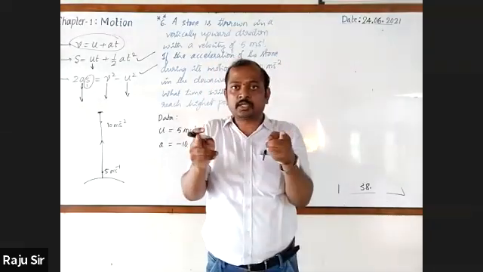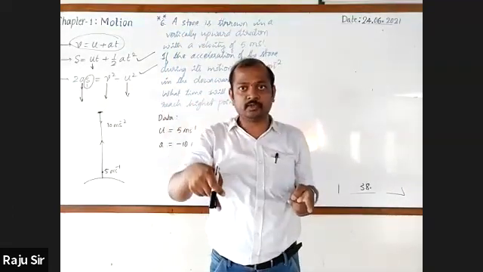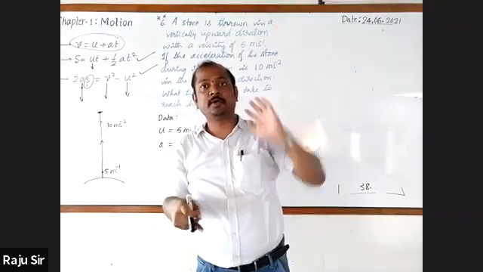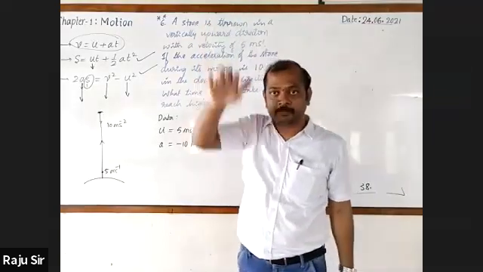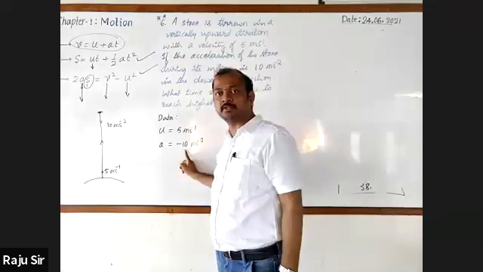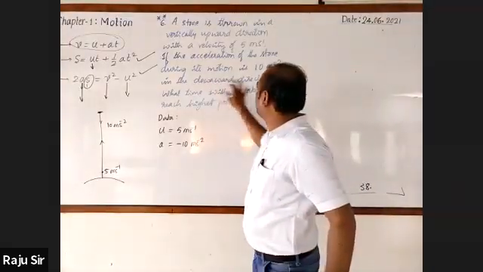But in both cases, the value will be the same. We took 9.8, remember? When it is going upward, again minus 9.8. But here the value is given: that acceleration is 10 meter per second square. Hence, upward we will take minus 10 meter per second square. Understood?